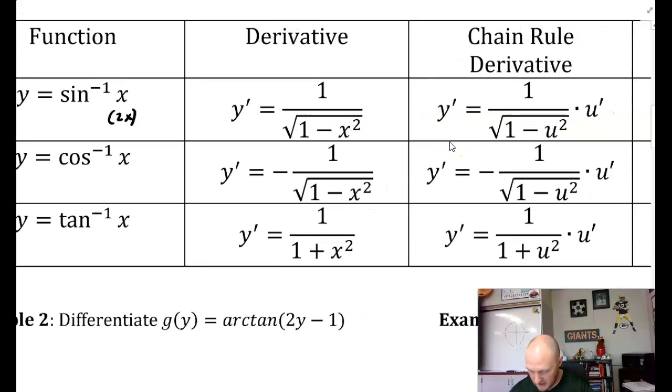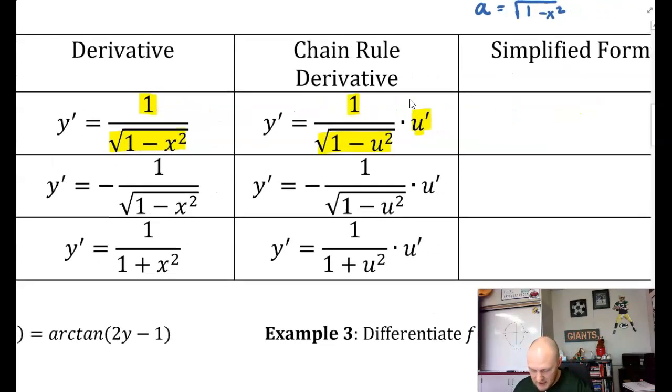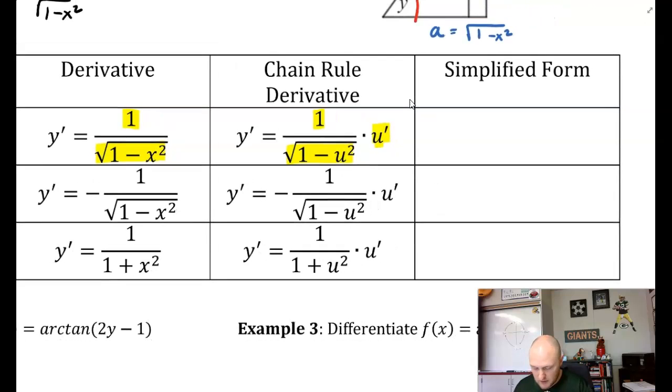So I just want to point out the chain rule derivative, which is right next to it. Notice it's the same exact structure, except instead of x I have u, but I also have to multiply times u prime. Now, another way, a simplified form of writing this, which you may enjoy, is just moving that u prime into the numerator.